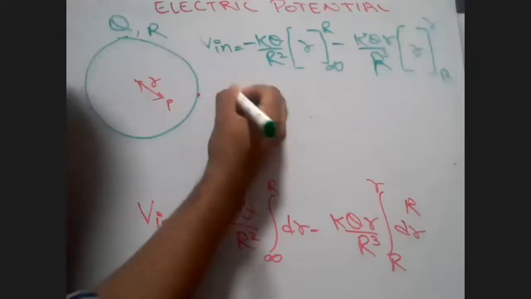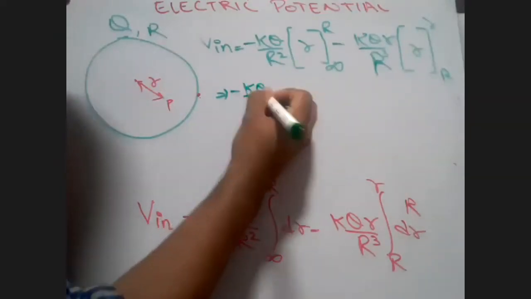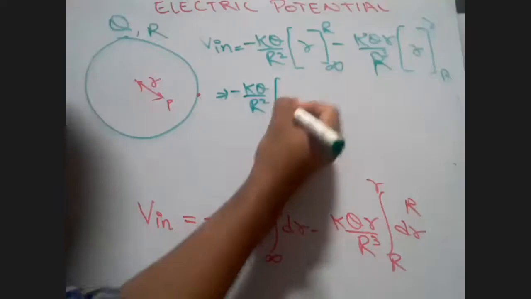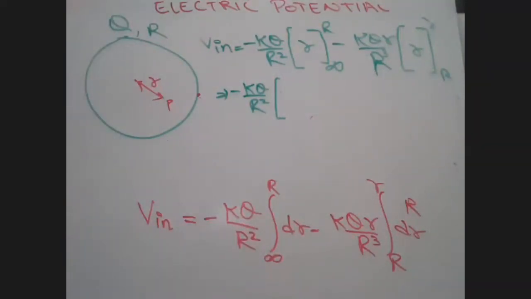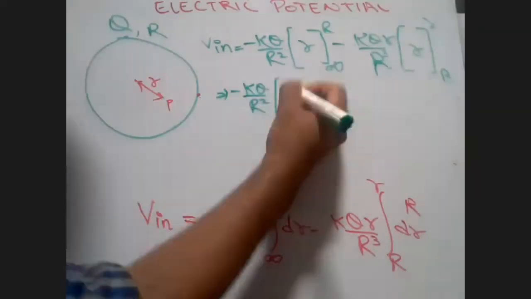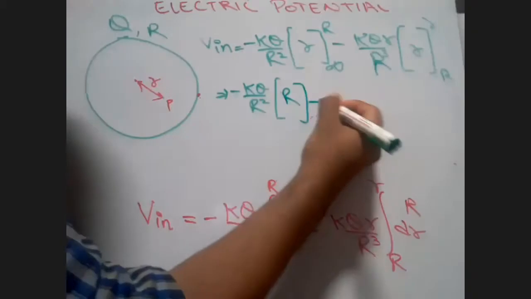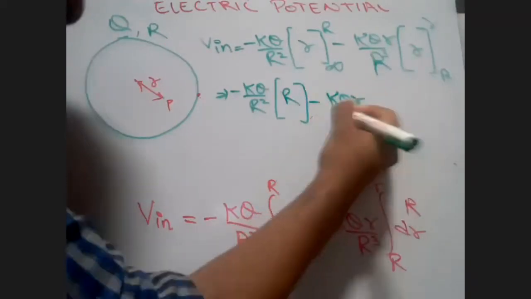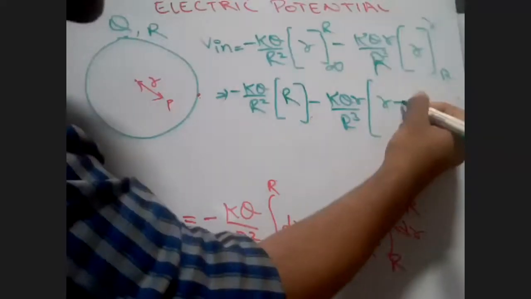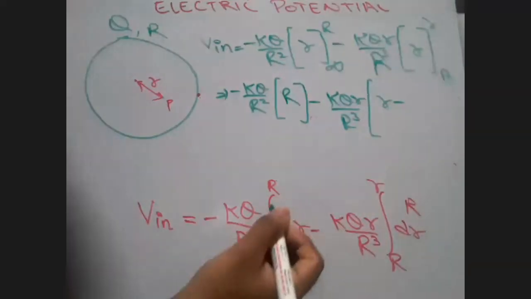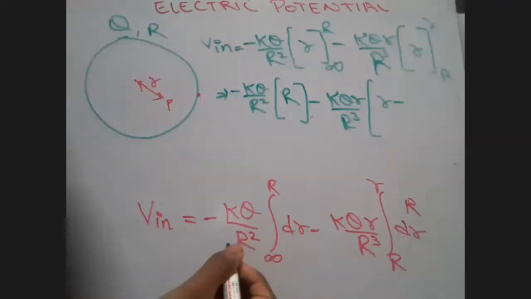That is going to be minus KQ upon R square into R minus 0, that is capital R, and then minus KQ r upon R cube, into r minus capital R.